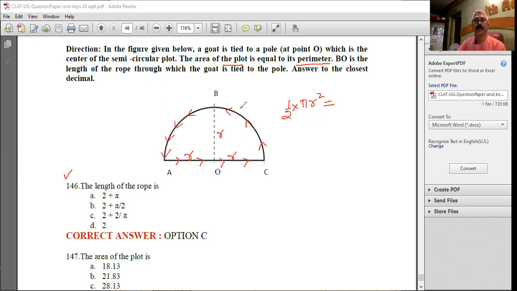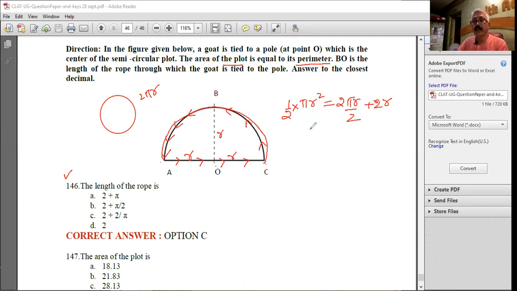I think you are getting me. So if it is a perimeter, then you know it is 2 pi r. It is half, so 2 pi r by 2, from this to this, plus A to O and O to C means 2R. Correct? So the area of the plot is equal to its perimeter. Area of the plot, it is a half semicircle, so area is half of pi r square.